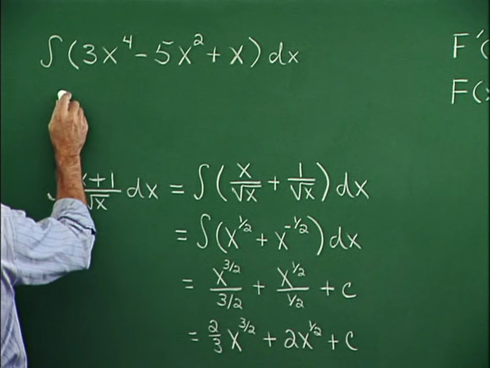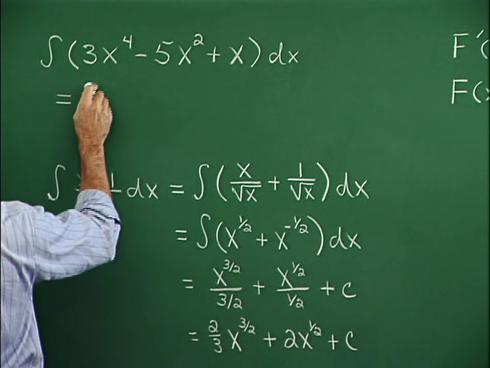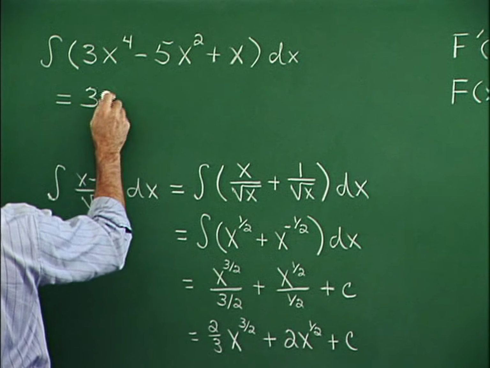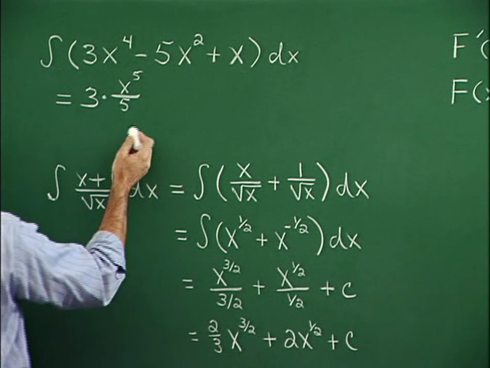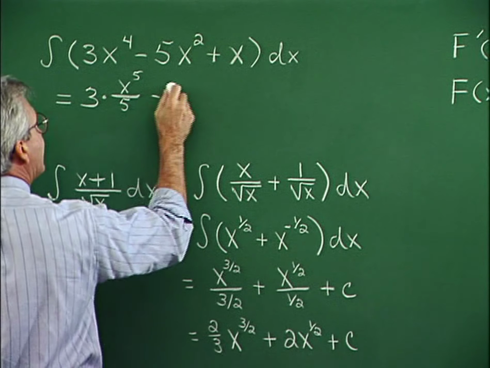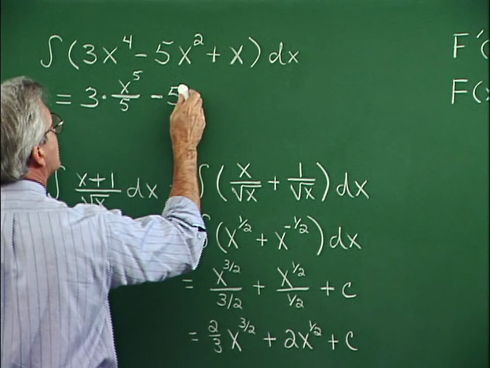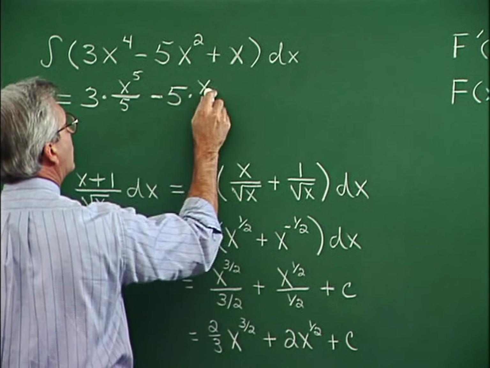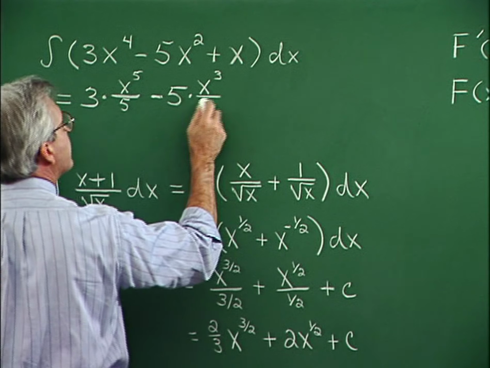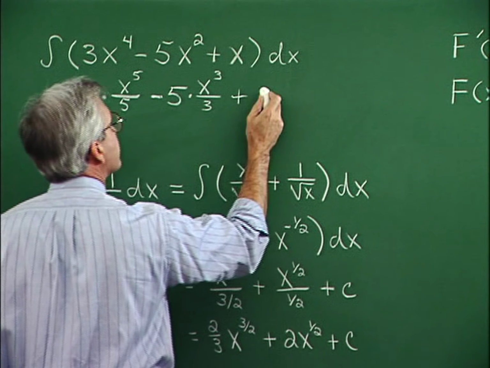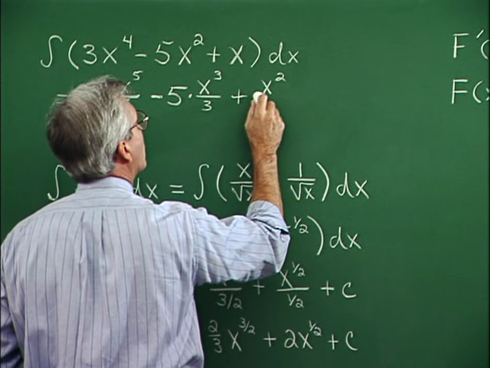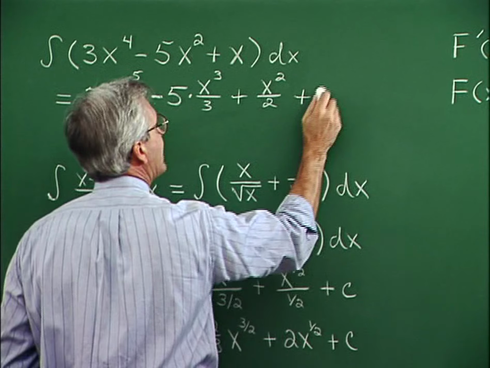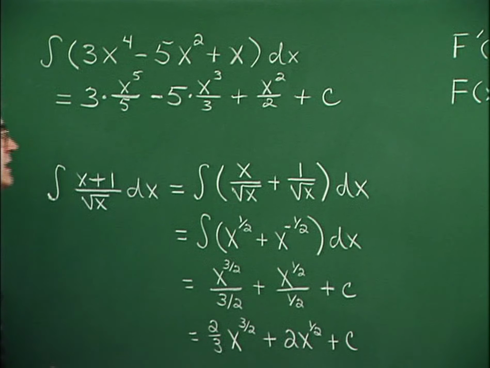So this then becomes 3 times x to the 5th over 5, and then minus 5 times x cubed over 3, plus 1 times x squared over 2, and then just a general plus c at the end here.